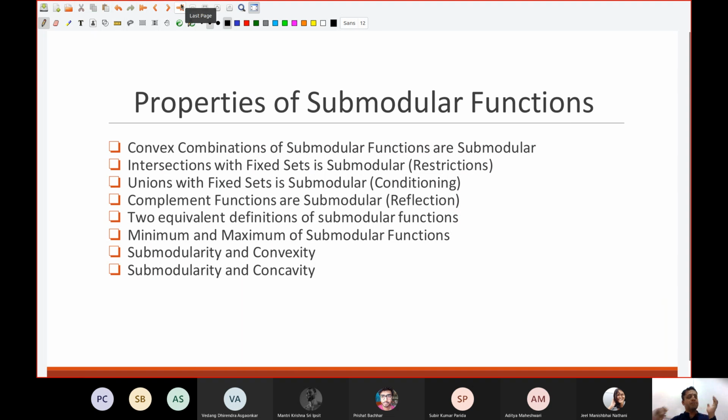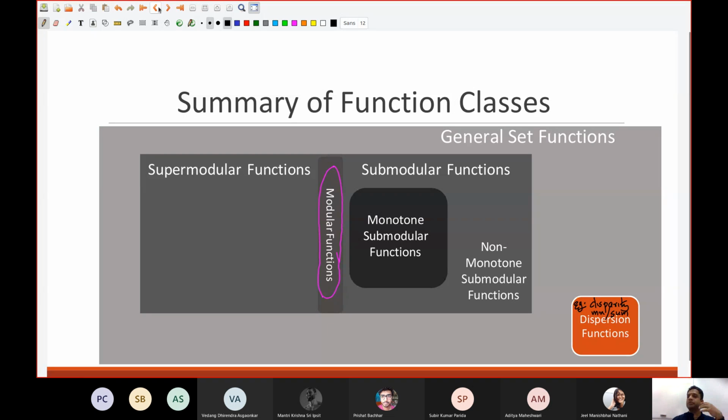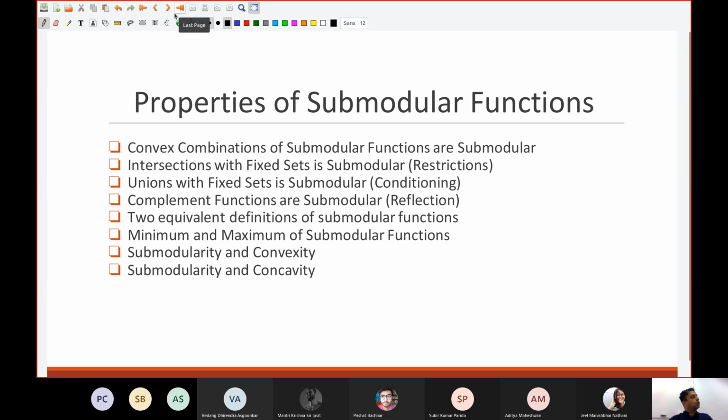Okay, so let's look at some properties. And these properties will be very helpful in showing why certain functions are submodular. So the first is convex combinations of submodular functions. They're submodular. Okay, intersections with fixed sets, submodular.